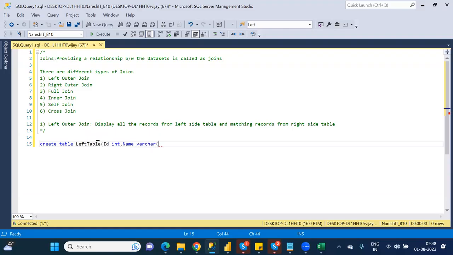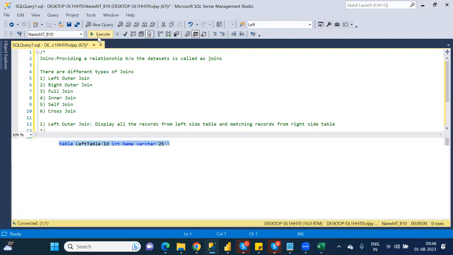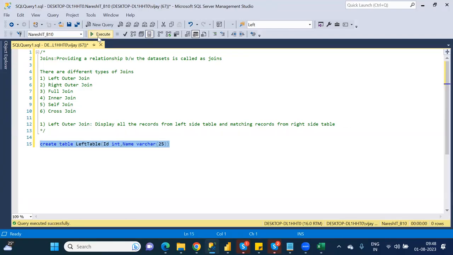Varchar 25. You can take the common columns with different column names also.